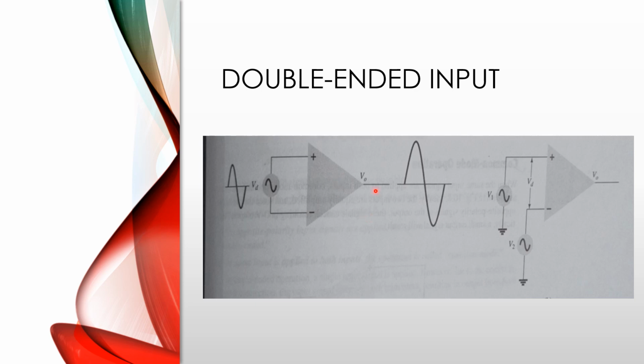This is one type of double-ended input operation, and the second type is where we apply individual input signals at the non-inverting terminal and the inverting terminal. From the output we get the difference of the input signal voltages, that is VD. VD means V1 minus V2. So this is the second type of input signal voltage.